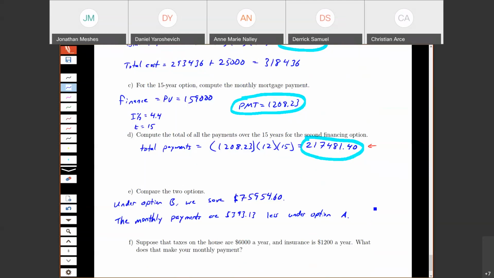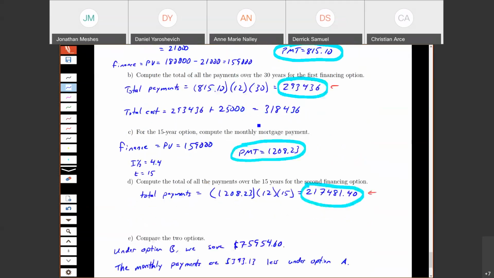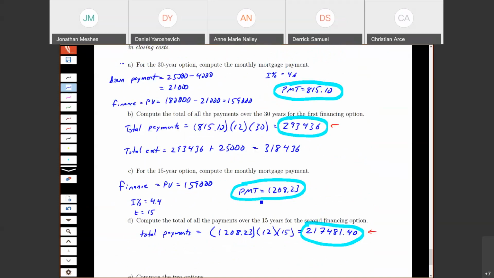So there's a balance, right? If I say, oh, I'm only going to do a 15-year loan because obviously that's better, if I have the same amount of money that I can put towards my monthly payment, I'm not going to be able to get as nice a car or as nice a house. Okay. But in the long run, I'll have saved more money. Right? I'll have paid less for my thing.